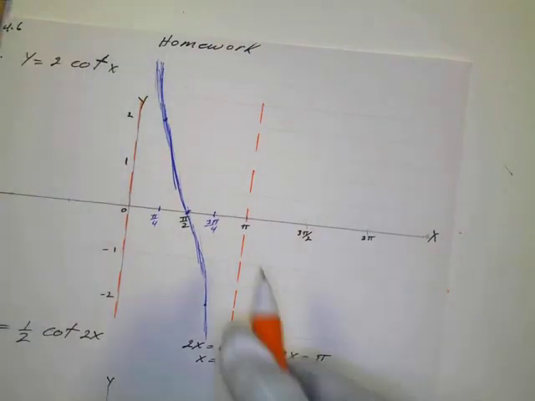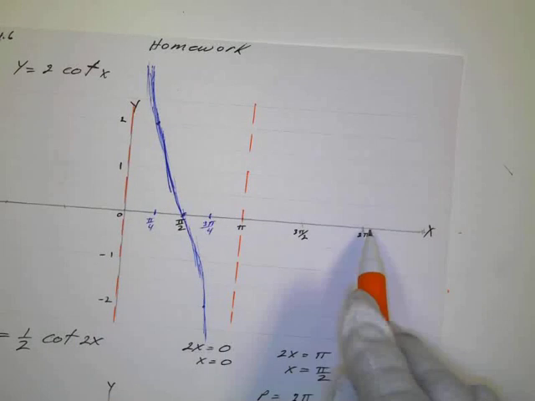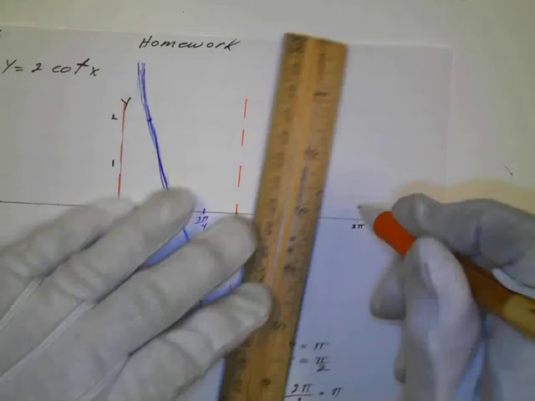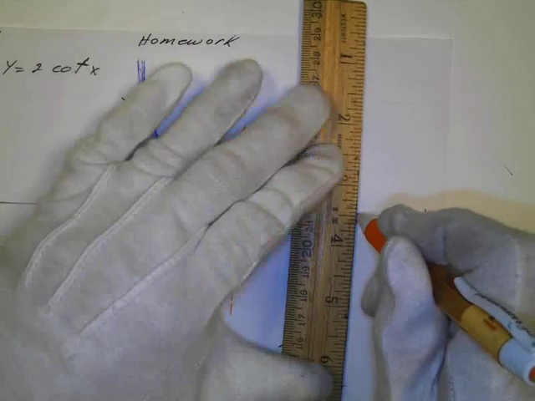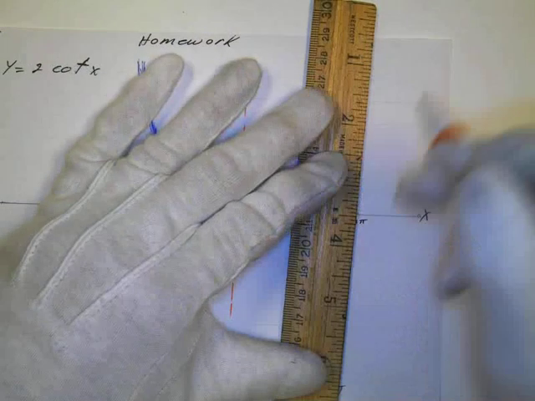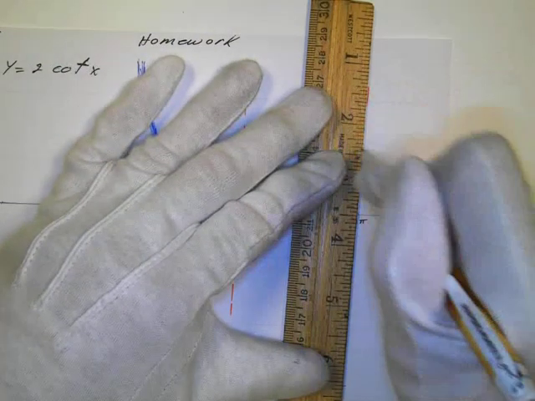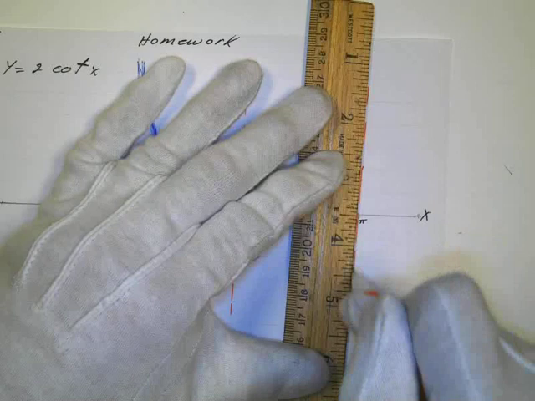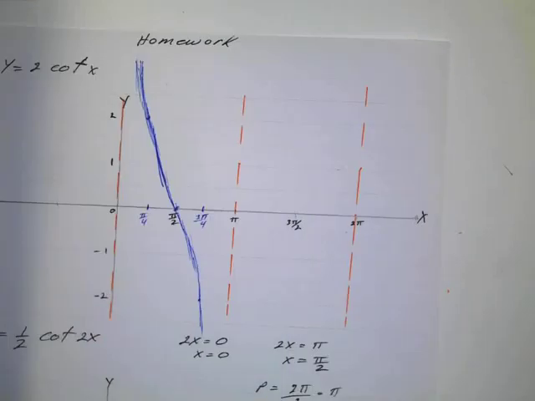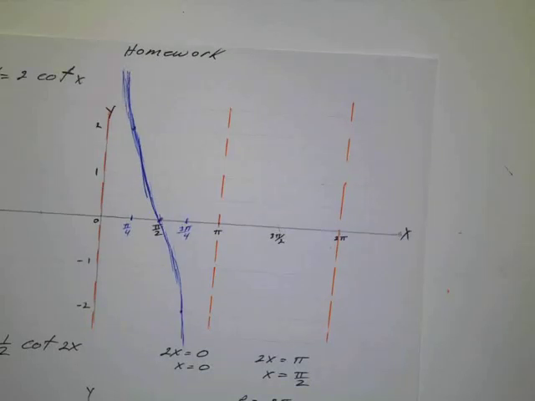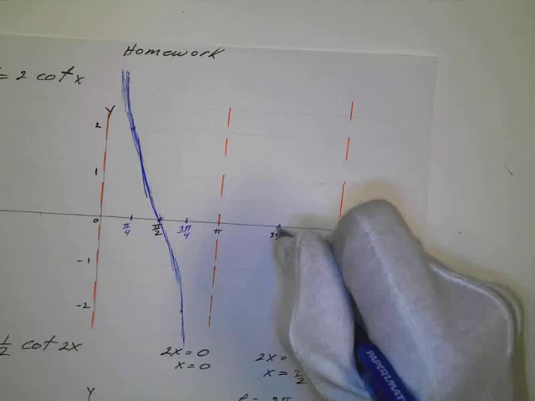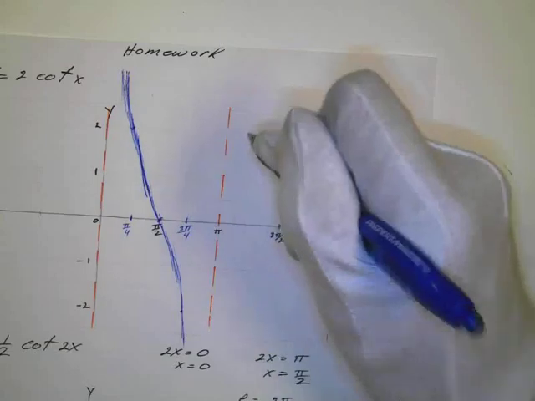Then I want a 2 period, so I'll put another one. So remember, the normal period is pi, so another pi would make this from pi to 2 pi. So they can do a better job on this next sketch here. And then again, we got these points here. This is 2.